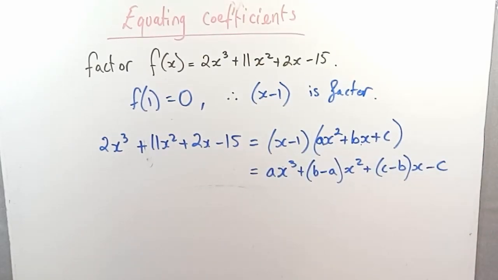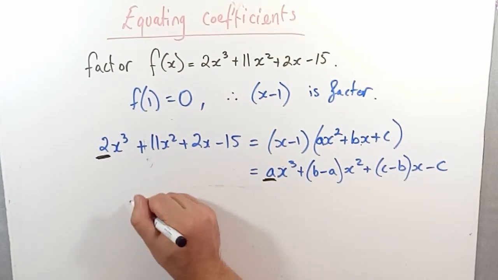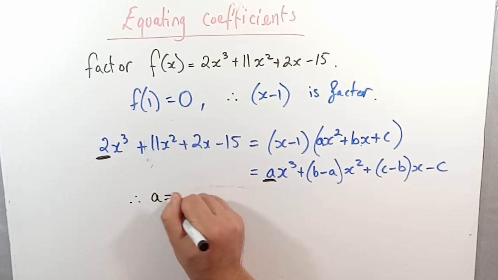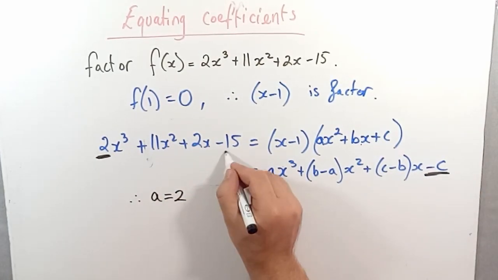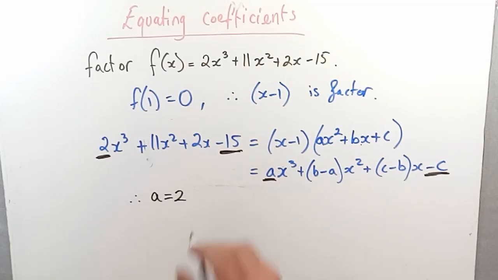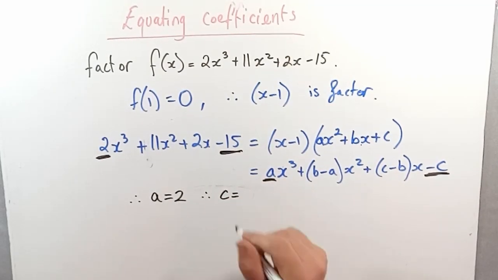So I can look straight away and say my coefficient of x cubed is a, and the coefficient of x cubed here is 2. They've got to be equal to each other, therefore a is equal to 2. I could do the same with the constant: negative c has to equal negative 15, therefore c is negative 15.